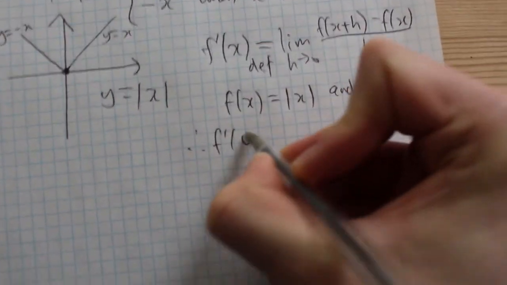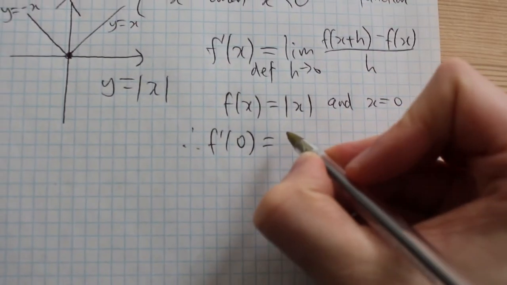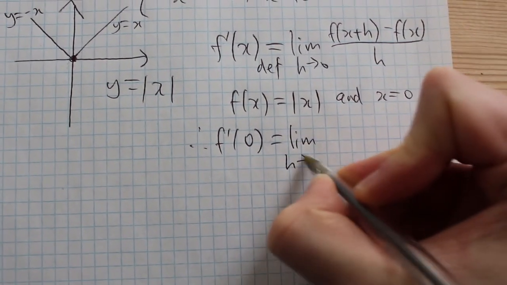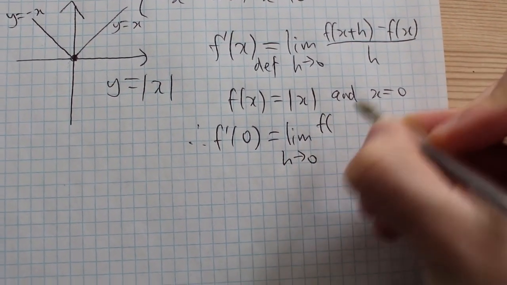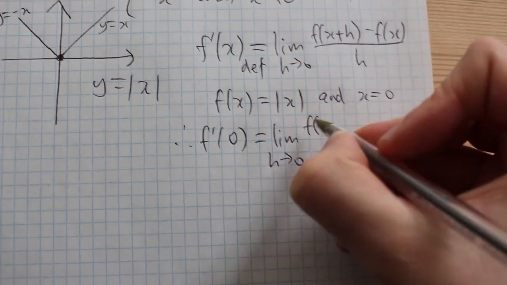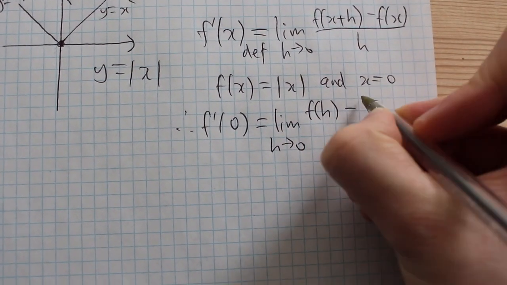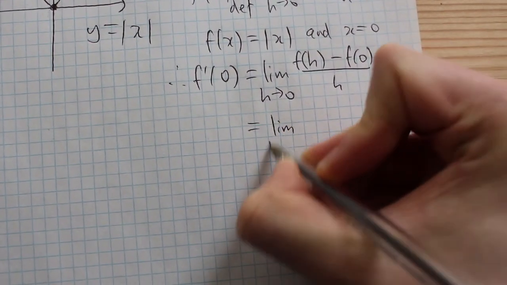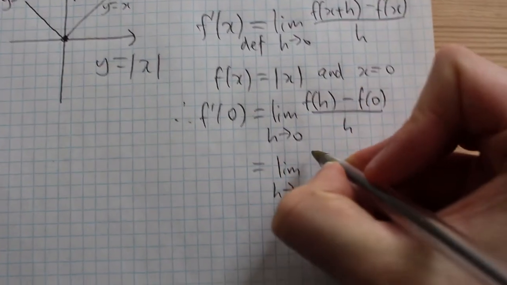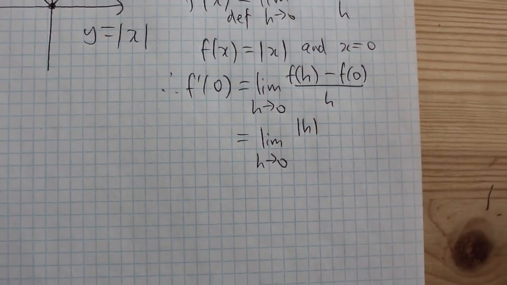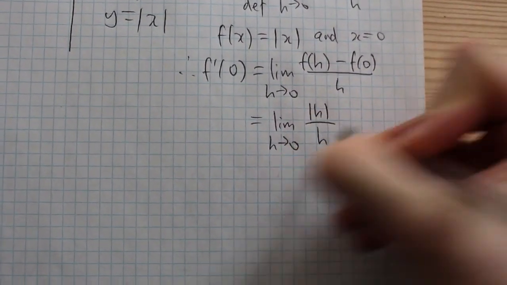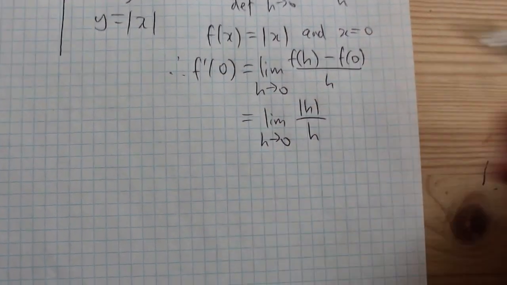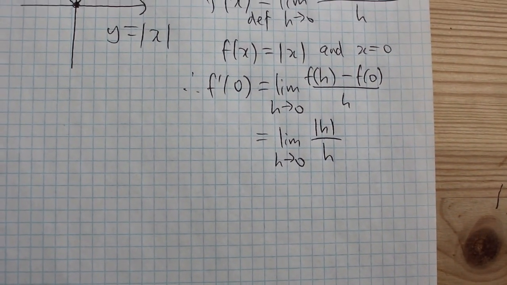So then we obtain f dashed of 0 is the limit as h goes to 0 of f of 0 plus h, that's f of h, minus f of 0 over h. Now what is f of h? That's the modulus of h. f of 0 is just 0. So we've got the limit as h goes to 0 of the modulus of h over h.